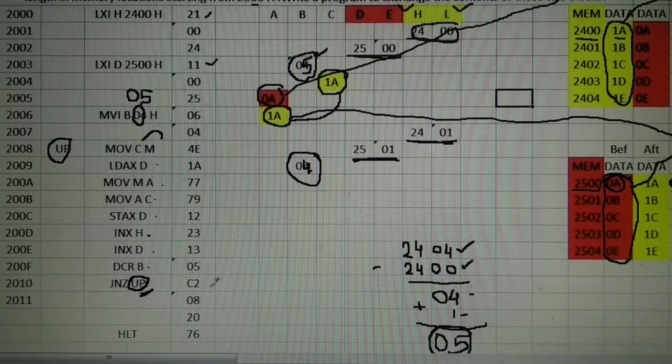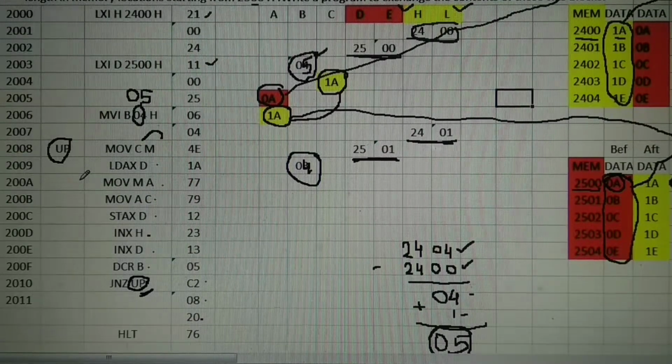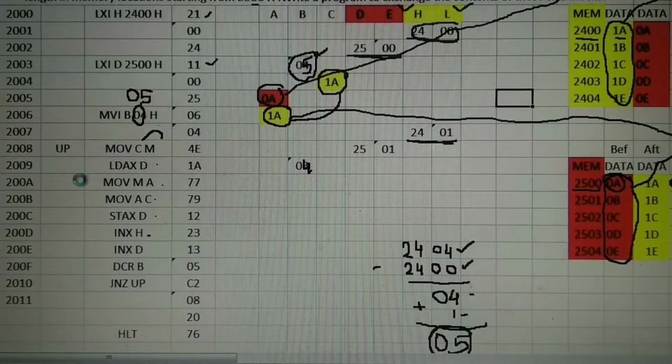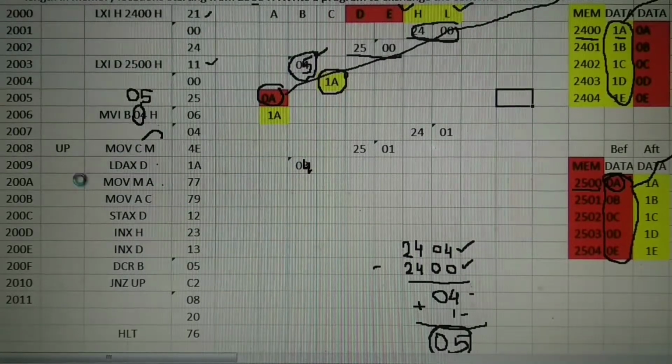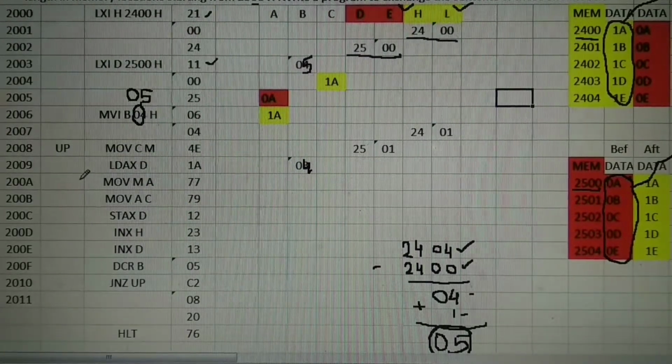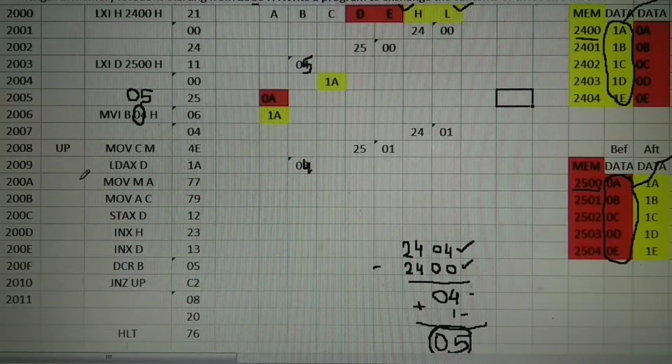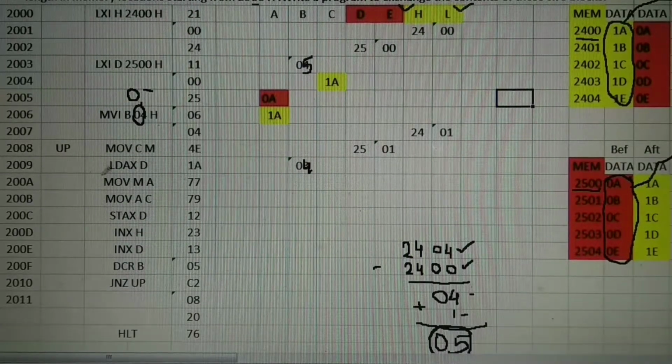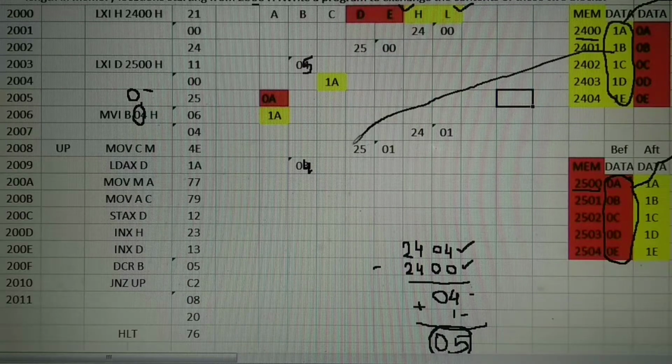Here operation code, low order address and high order address 2008. Whatever instruction is there at 2008, that instruction gets executed, and as it gets executed, the same loop is executed again. MOV C, M, that means 1B will come here.